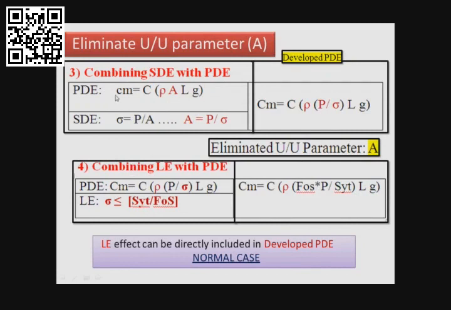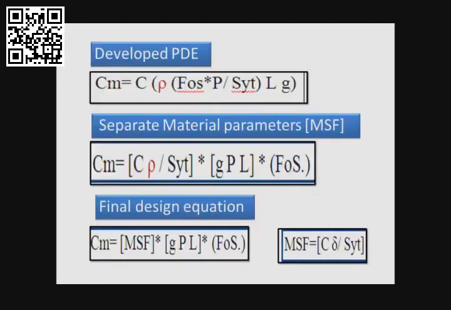Once you complete this, the next step is to separate the equation into three types: functional requirement parameters, material requirement parameters, and geometrical parameters.